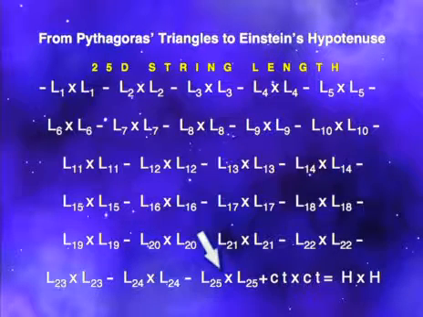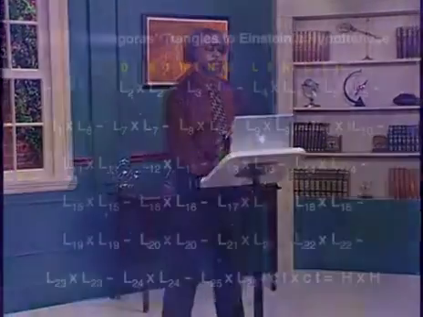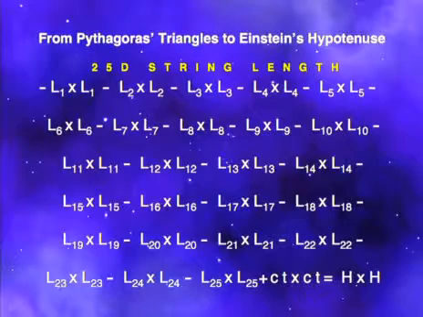Now, the other thing that had happened in string theory in our previous discussions is that we've learned that when you introduce supersymmetry, the form of the Einstein hypotenuse changes and becomes simpler. In fact, instead of having this expression go from L1 to 25, we would only need it to go from L1 to L9, not L25.